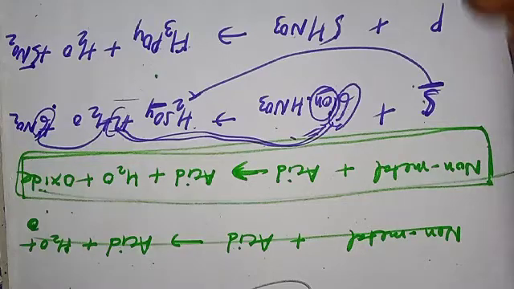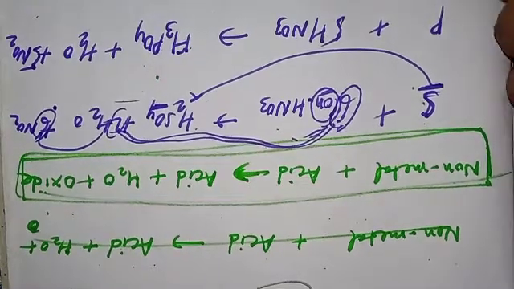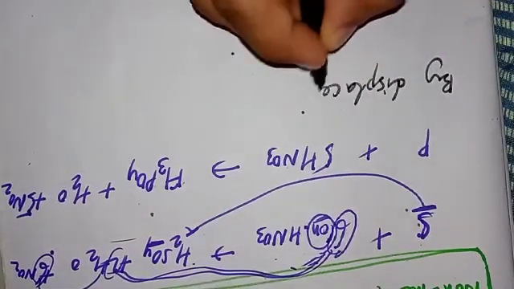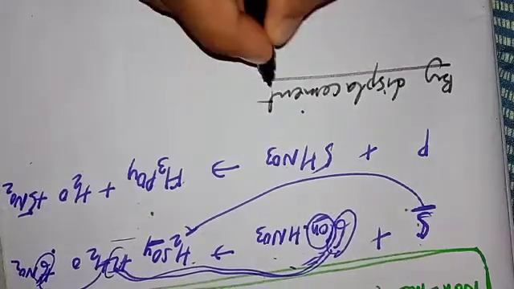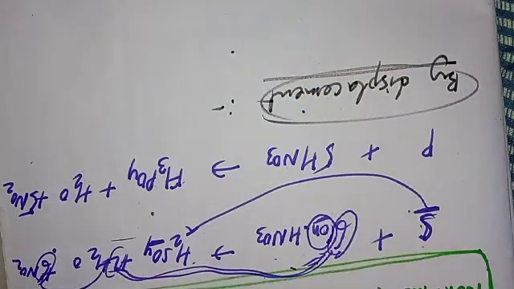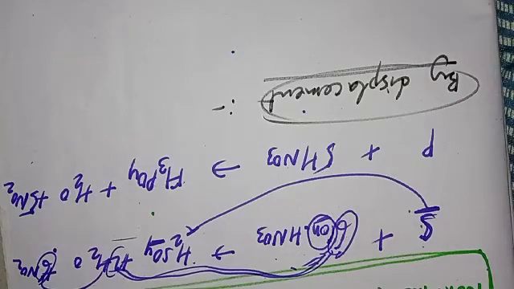Now let us move towards the next method, that is by displacement. Displacement is a type of chemical reaction in which a highly reactive element displaces a less reactive element. So in a displacement reaction, what do I mean?